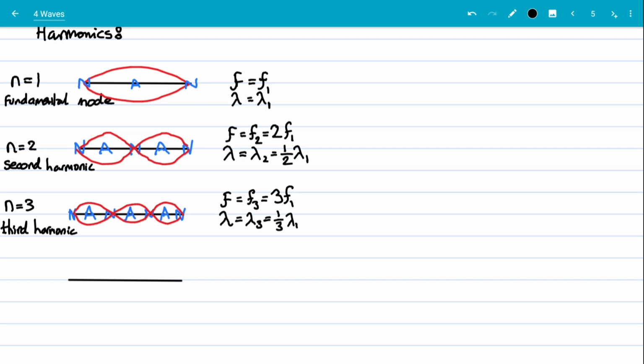Just like that. Now you can see that the distance between nodes is a third of what it was, and the wavelength is twice the distance between adjacent nodes, and therefore it has to have a third of the wavelength of the first harmonic, the fundamental mode. And we could have a look at n equals 4, the fourth harmonic as well.